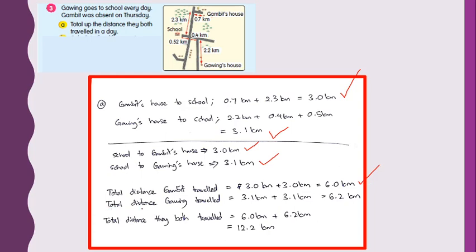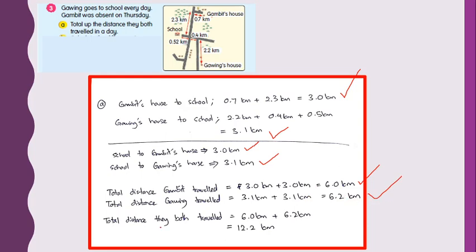And then total distance Gawing travels: 3.1 km pagi nak pergi ke sekolah plus 3.1 km lepas balik dari sekolah nak pergi ke rumah. So the total distance is 6.2 km Gawing travels a day.